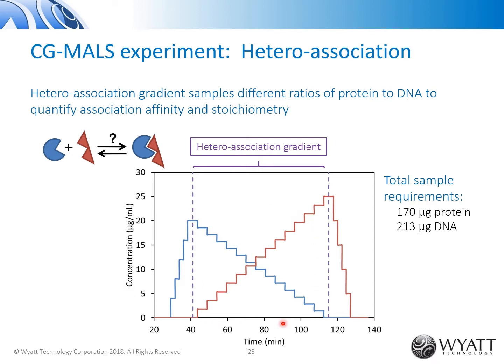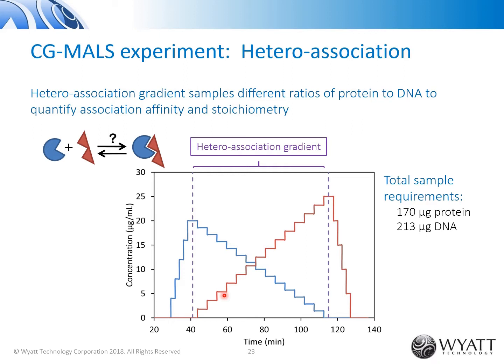The center part of this experiment is our heteroassociation gradient. In this case, we create 13 different mixtures of the protein and the DNA to quantify the interaction between the two molecules. For each of these mixtures, the Calypso is going to take a fresh aliquot of the protein, a fresh aliquot of the DNA, mix them together, send it into the detector, and stop the flow.